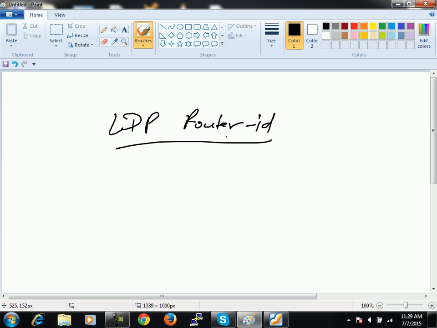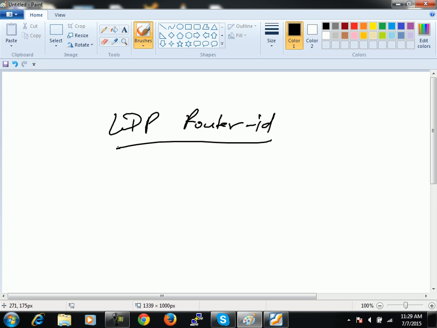In LDP, it is mandatory that your router ID must be reachable. Of course, it must be configured on an interface, because under router ID you can call only an interface; you cannot directly allocate an ID. But here it must be reachable. If the router ID is not reachable, LDP peering will never come up.